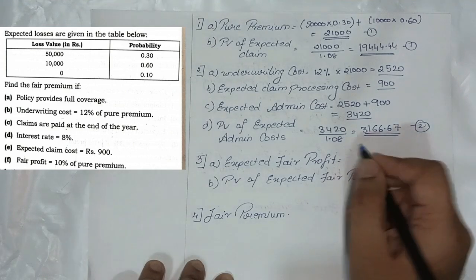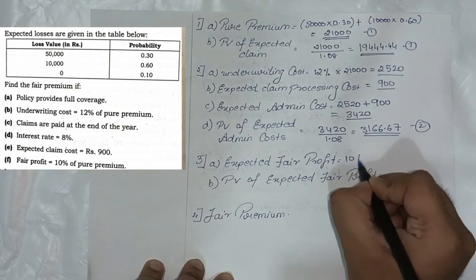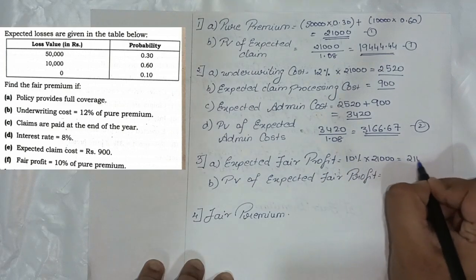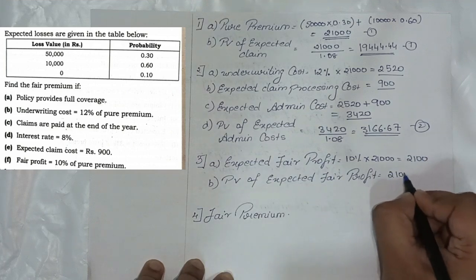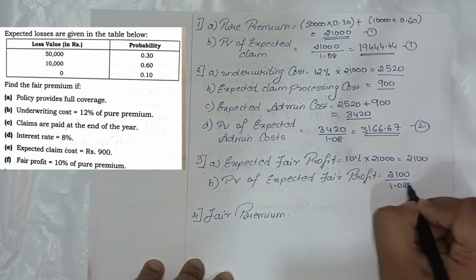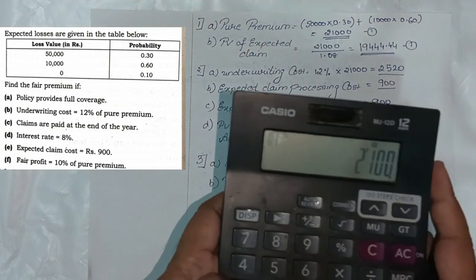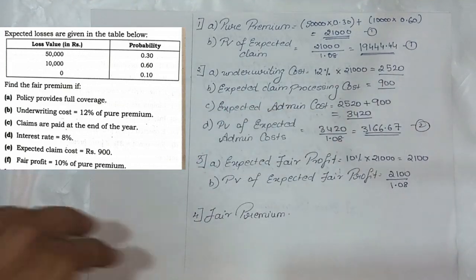Third, we need to find the fair profit, the percentage given in the question is 10%. So 10% of 21,000 comes to 2,100, and the PV of expected will become 2,100 divided by 1.08. Again on the calculator, we get the answer as 1,944.44.